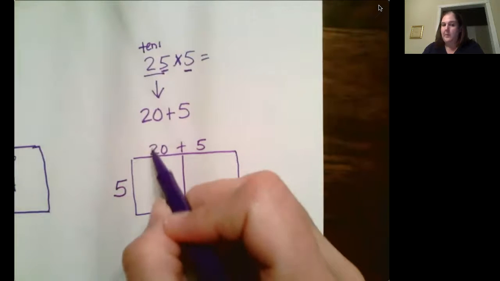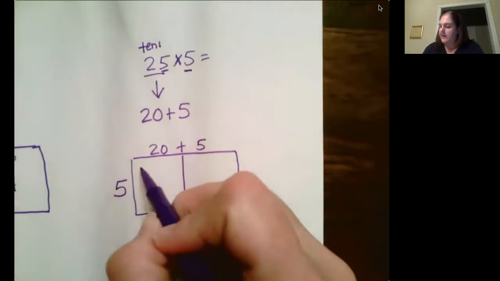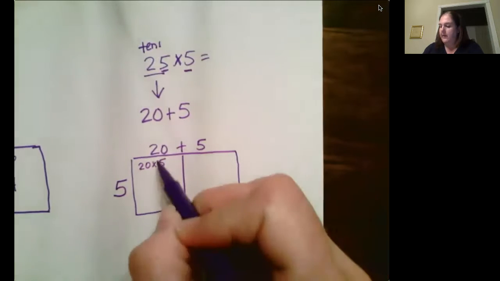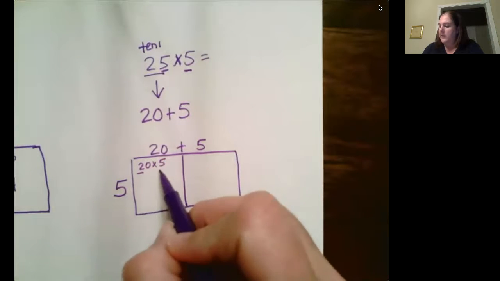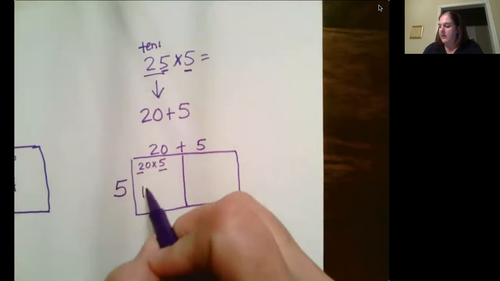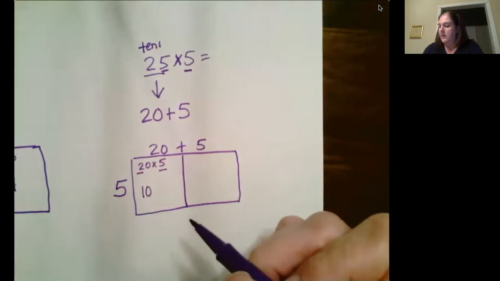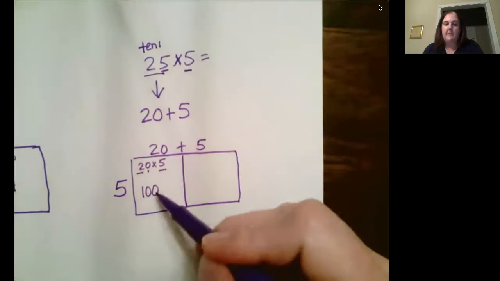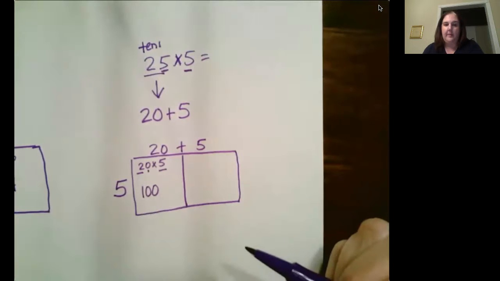All right, you multiply what's above it and to the side of it. So 20 times 5. Now multiply 2 times 5. And then there's 1 zero, so be sure and add that 0. 20 times 5 is 100.